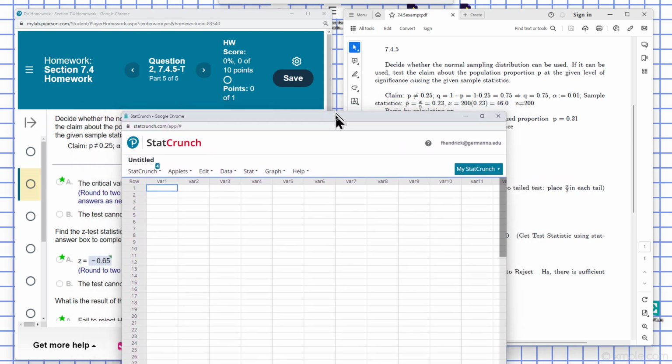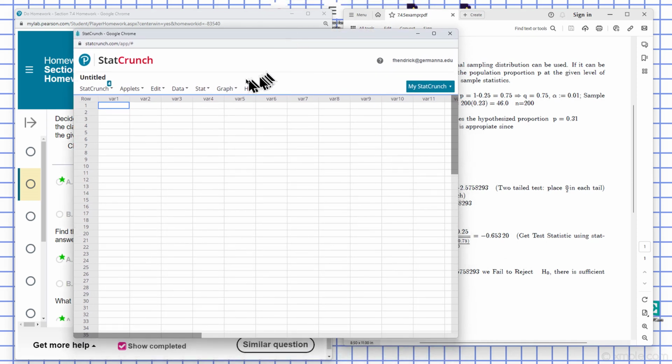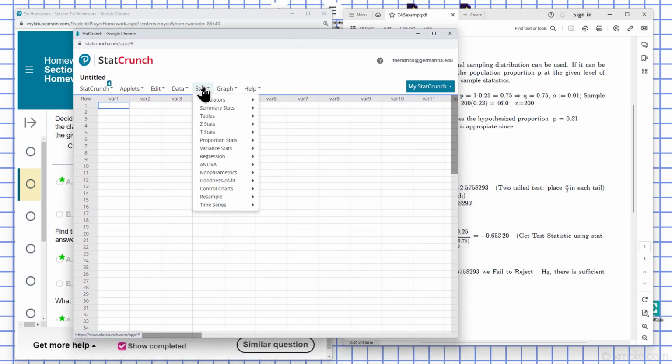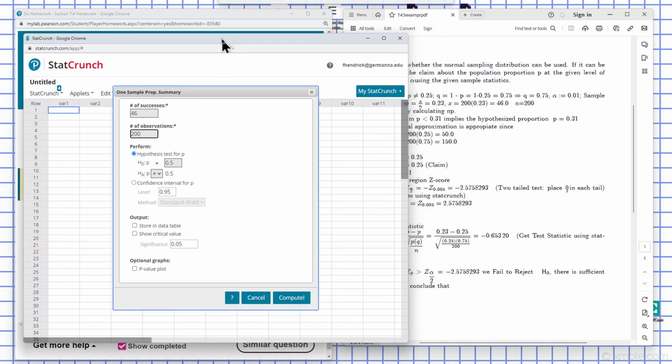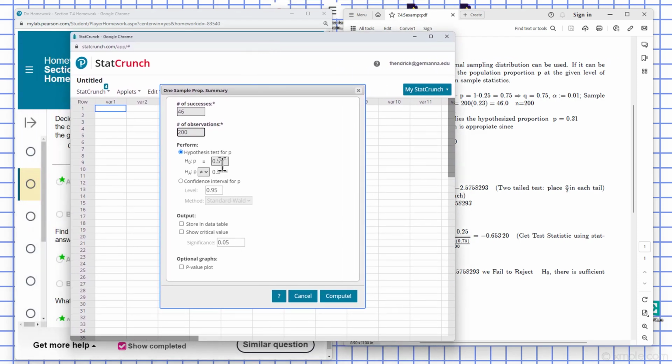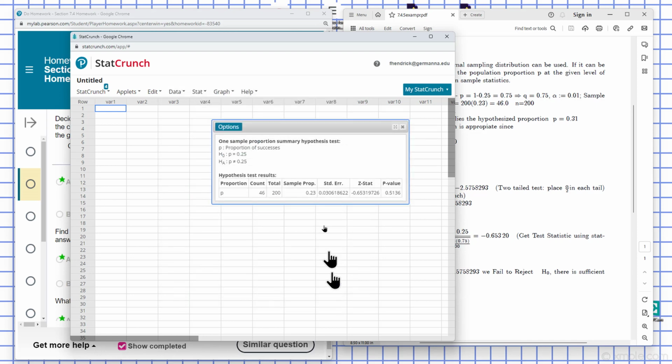You can see that right there. Stat, proportion stats, one sample with summary. So we have 46 and 200, and here we have 0.25. And then we hit compute.